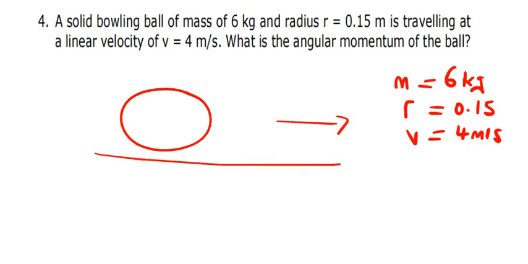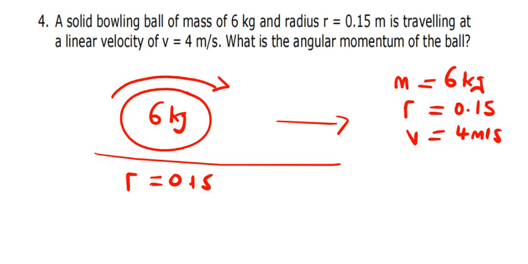It's going to be moving like that, and it's going to be rotating. The mass is 6 kg, the radius 0.15, and the velocity at which this ball is moving is 4 meters per second. As it is moving, something interesting is going to be happening.